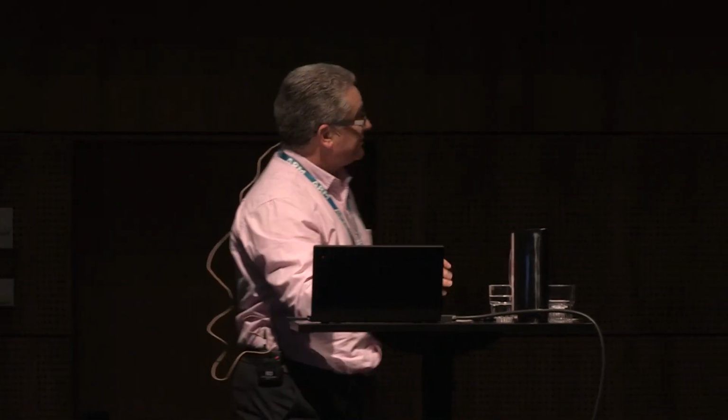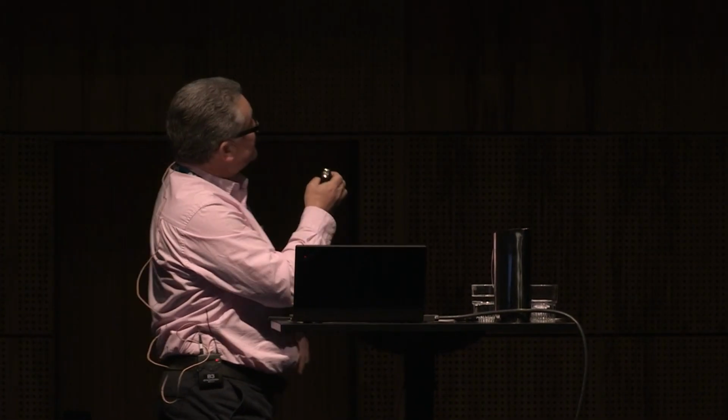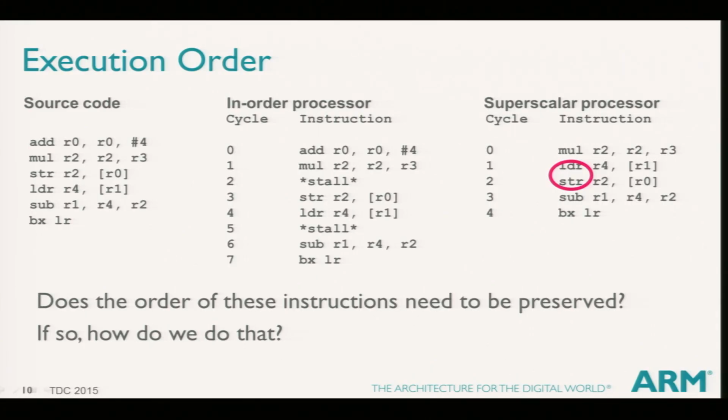It also hides the latency of the load, because you can see there's another stall down here. Both those stalls have disappeared because the latency of the load is now hidden under the store, and the latency of the multiplier is hidden under the load. So the pipeline's done something really clever here. It's done something you want. It's increased the efficiency and throughput of your system. But it has done something you perhaps didn't want it to do.